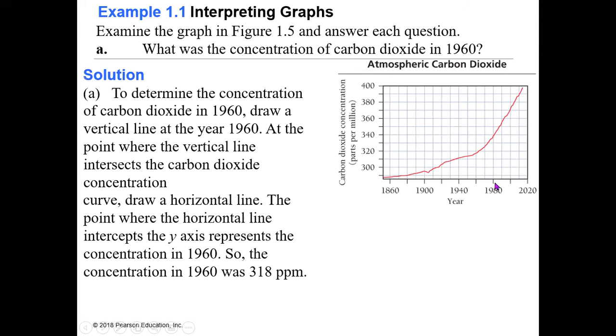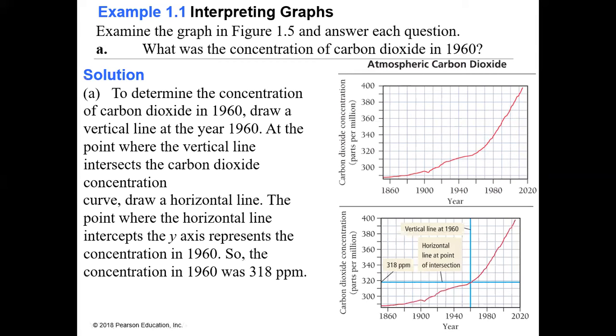So we can just draw a line, this line here, 1960, and go up, intersect with the graph, and then go to the left to the vertical axis. Then we see the point is somewhere between 320 and 300, in the middle, so this will be 310. So therefore, if I mark it here, this is 310.